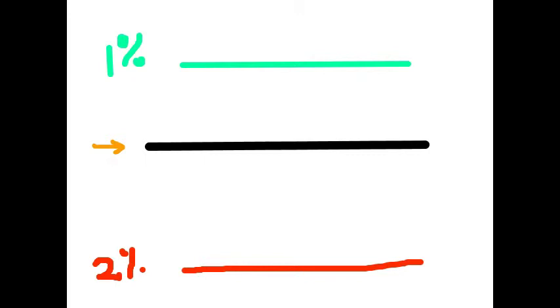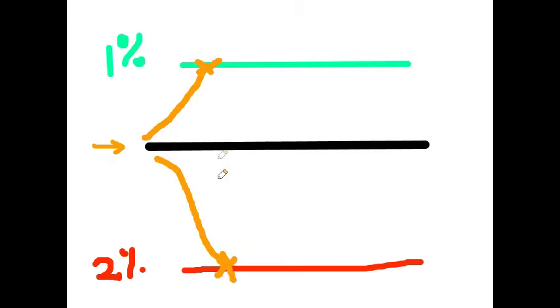If you're going to take profit every time your entry goes up and hits the 1% target, exiting right there, and every time the trade goes against you by 2%, you're going to exit right there.